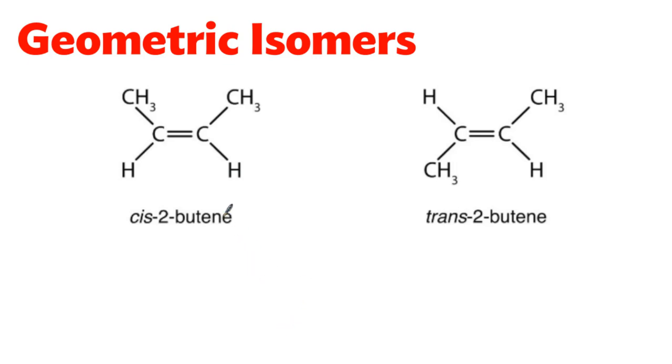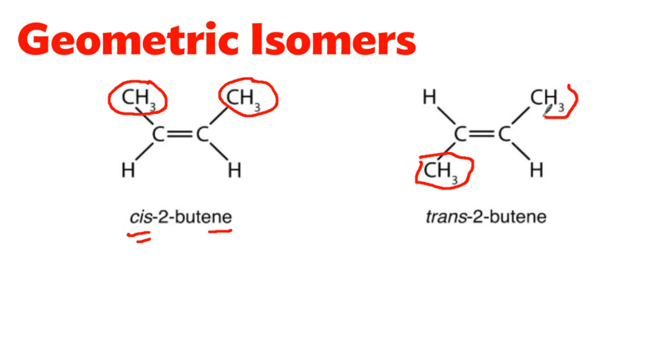Things are three-dimensional. And so when the CH3 groups are on the same side, it's called cis-2-butene. The double bond's coming off of the second carbon. When the CH3 groups are across from each other, it's called trans-2-butene. So when they're on the same side, they are sisters, cis-2-butene.